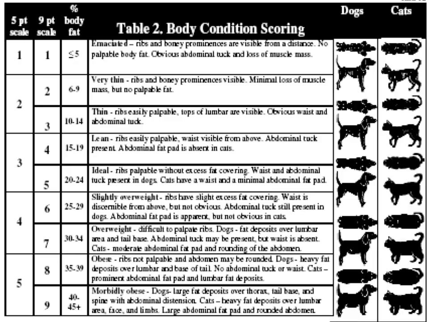When you look at them, you can see they have a little more cushion, a little more padding. When you stand above them, they are starting to lose that indentation behind their ribs. They have some fat deposits between their legs, over their tail head, and around their neck. When you run your hands along their ribs, it's hard to feel the bony prominences, the tops of the spine, the ribs.